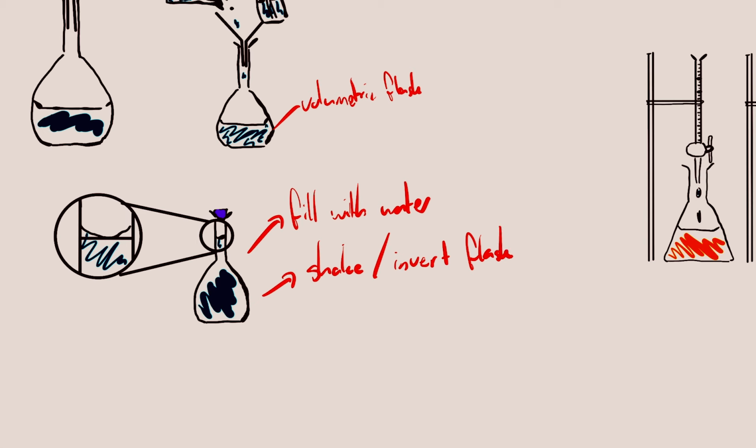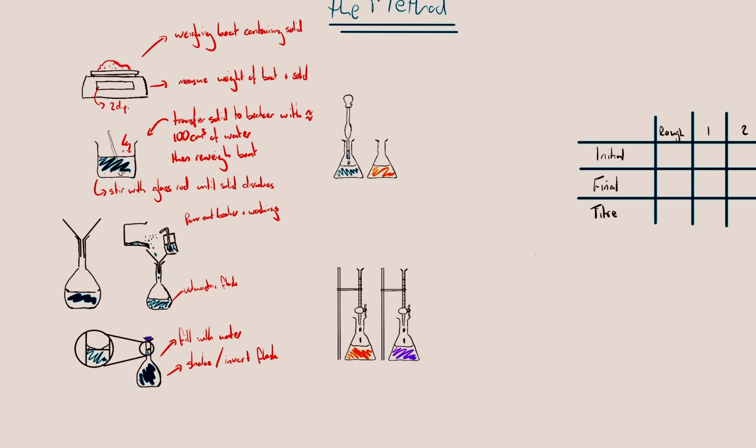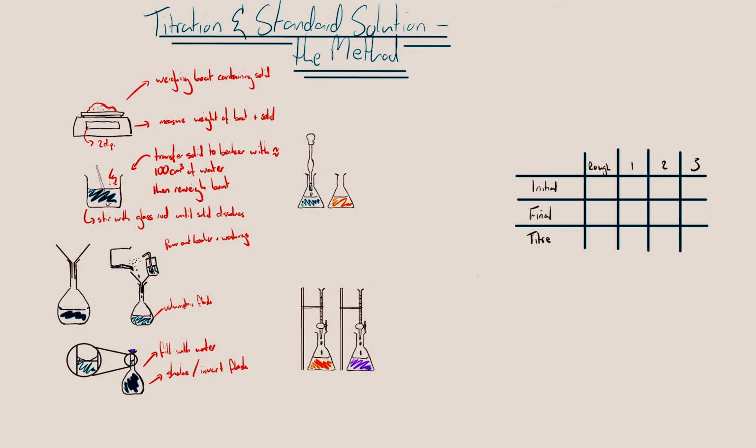And you'll see when you do that, say if our level of liquid is here, our level of liquid is going to drop slightly once we shake or invert it, okay? And then we're going to refill until our meniscus, the bottom of our meniscus, is touching that line. And it's at that point we've got exactly 250 centimetres cubed. And there we're going to be very secure in the concentration that we've calculated.